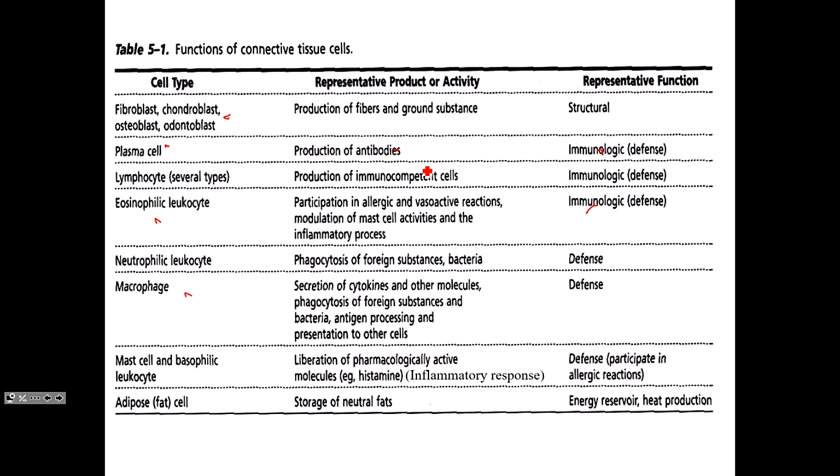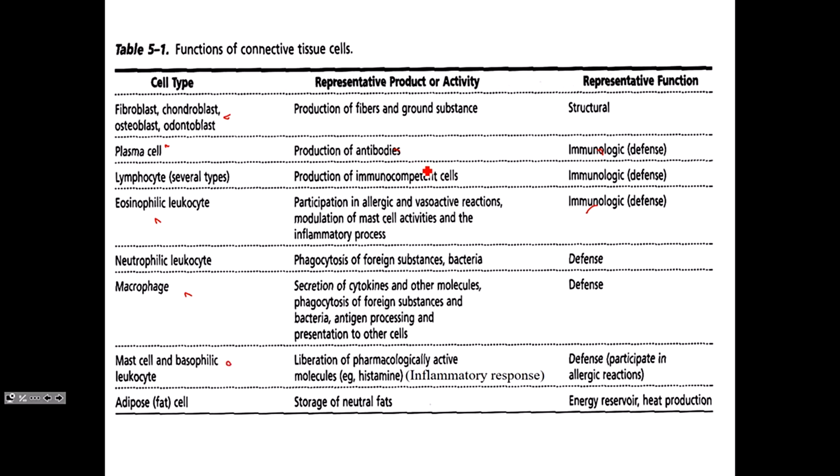Macrophages derived from monocytes obviously can phagocytose foreign pathogens such as bacteria, and they can differentiate into some of the other related so-called antigen-presenting cells, such as the Kupffer cells, osteoclasts, microglia, and so on.